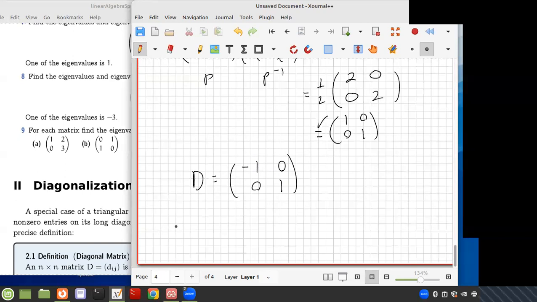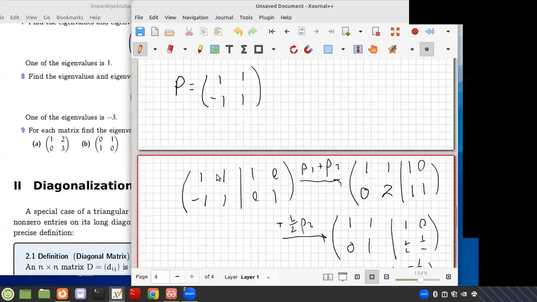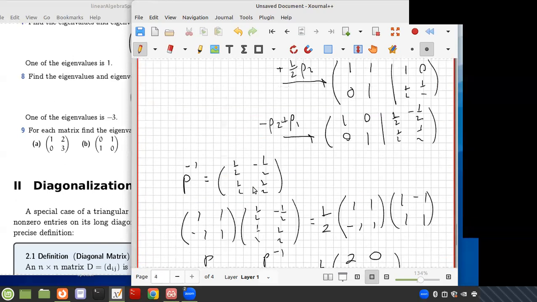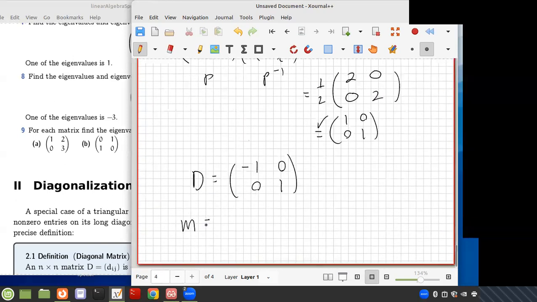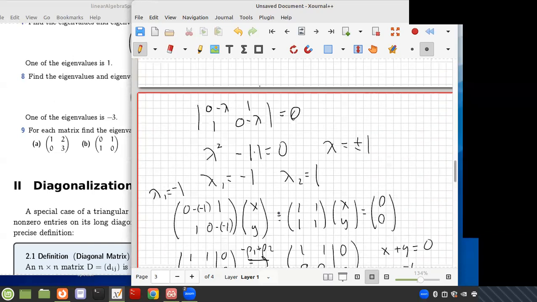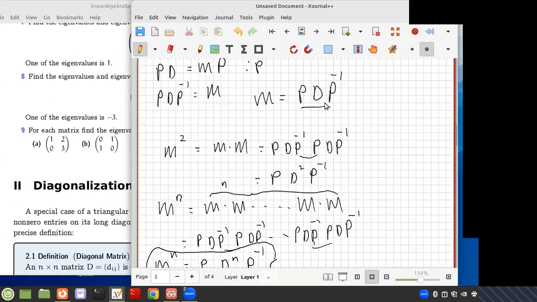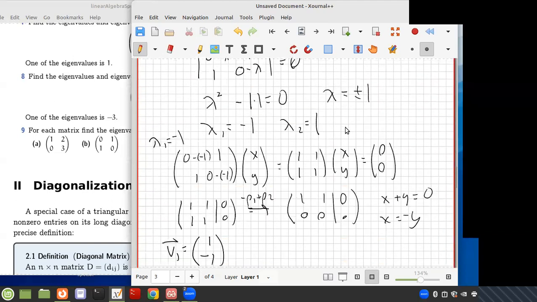Now we should have that the original matrix M, 0, 1, 1, 0, should equal P times D times P inverse. Well, let's check that and see.